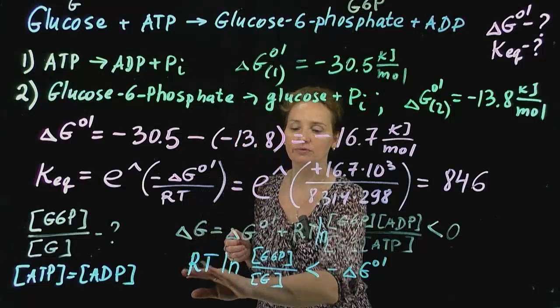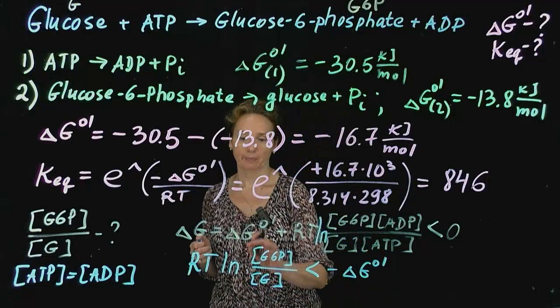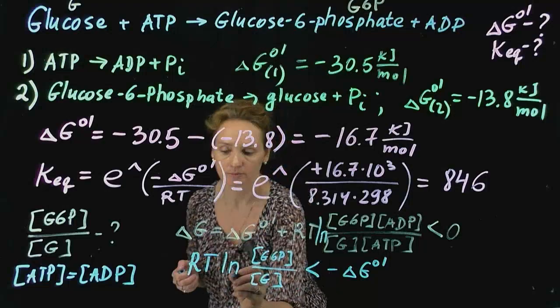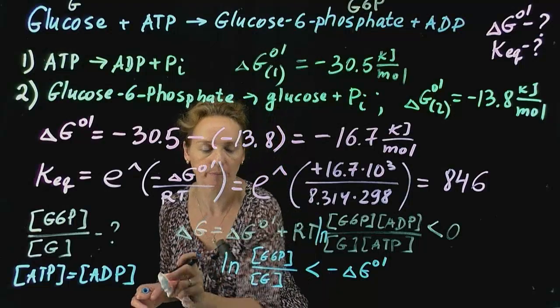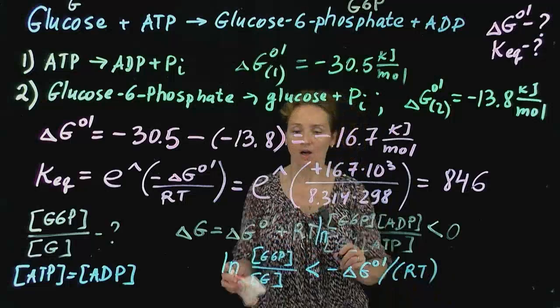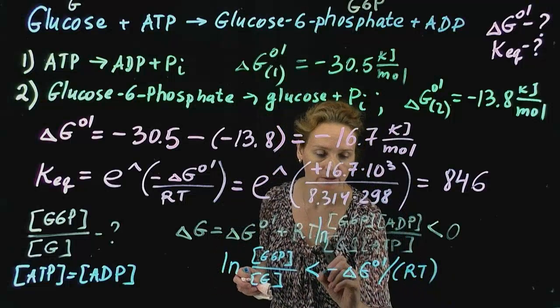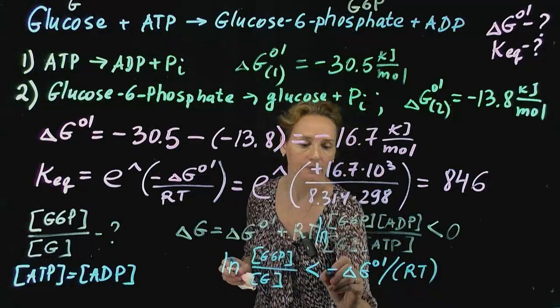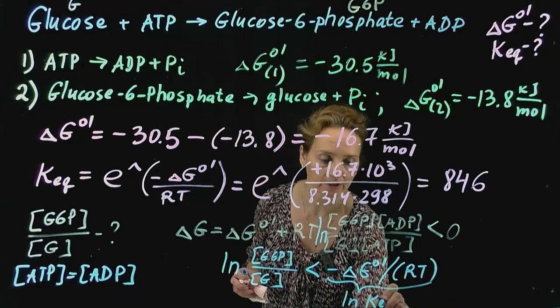If we now divide both parts by RT, and I'll just, to save space, do it like that, we know that this value is actually equal to the logarithm of the K equilibrium, right?